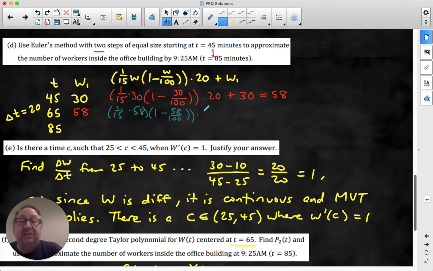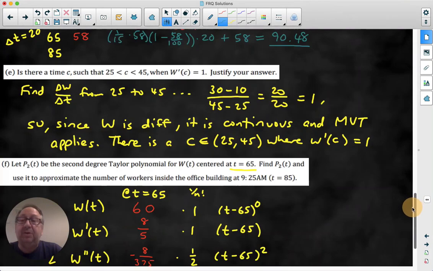Times the delta t, which is still 20, plus the previous w value, which was 58. We're just substituting all these things right in. This is going to get us the answer we wanted. This turns out to be somewhere around 90.48 if you go through that evaluation. And that's the w value that we wanted, and that's the answer to part D.